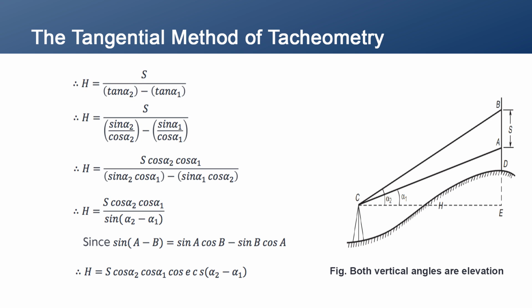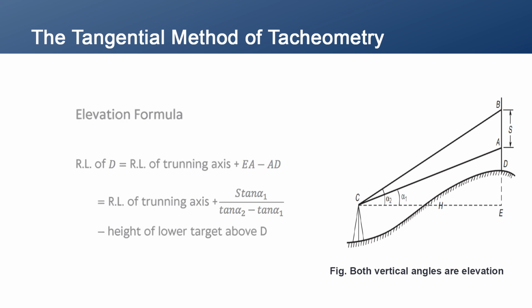Since sin (A minus B) is equal to sin A cos B minus cos A sin B, we can write H is equal to S cos alpha 2 cos alpha 1 by sin (alpha 2 minus alpha 1). Therefore, H is equal to S cos alpha 2 cos alpha 1 by sin (alpha 2 minus alpha 1). Finally, now let's figure out the reduced level of the point D where the staff is standing.